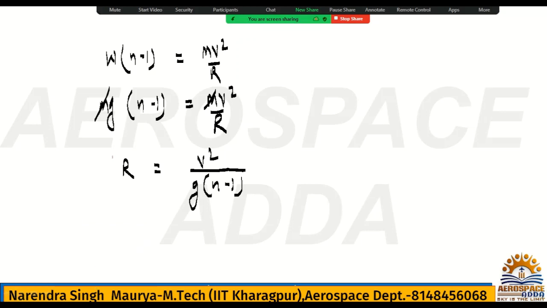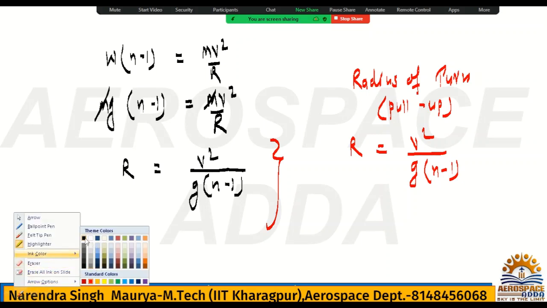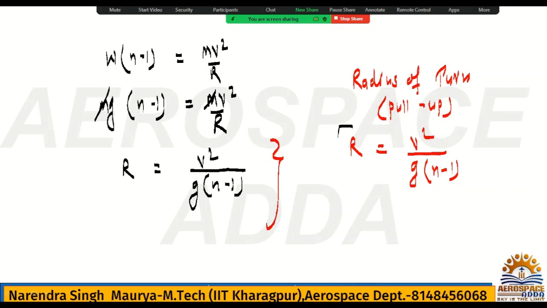What is the radius of turn in the pull up case? R is equal to V square by G times N minus 1. This is the formula you need to remember, and it's a simple one.